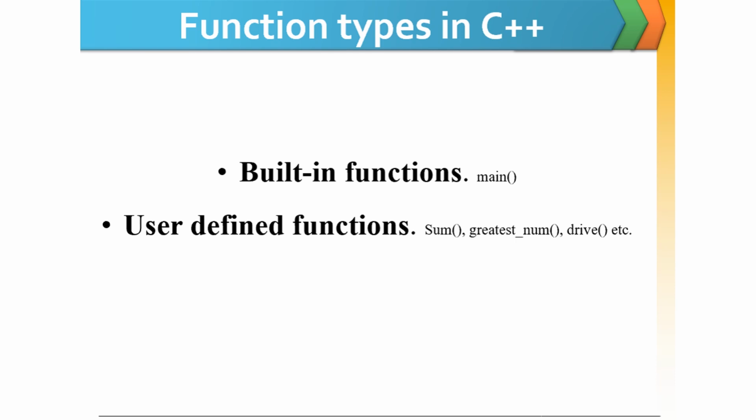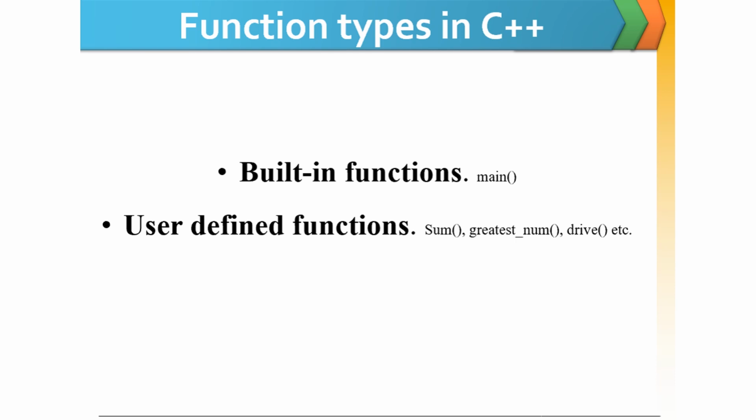User-defined functions are those functions that are written by the user according to their requirements. If the user wants to add two numbers, he can simply write a function with the name sum, or if he wants to find the greatest number from an array, he can write a user-defined function.